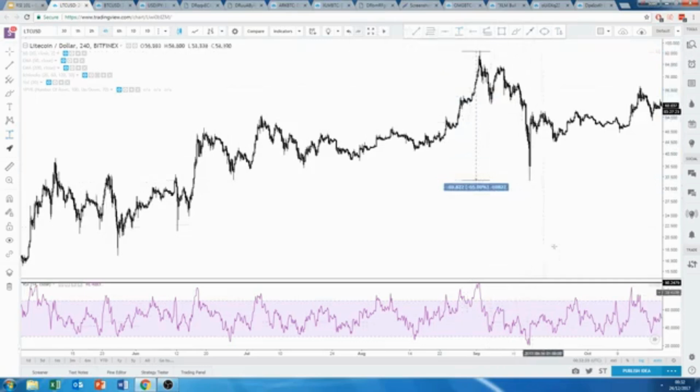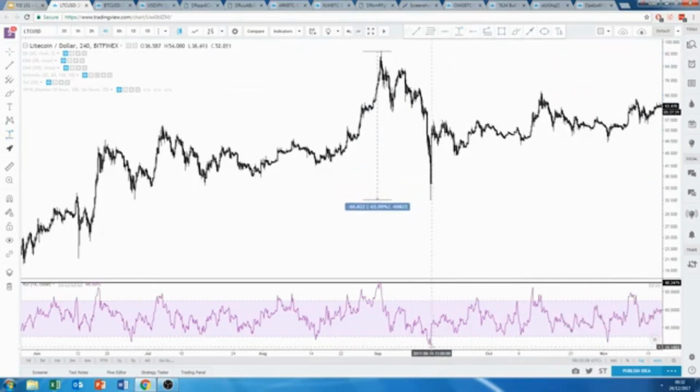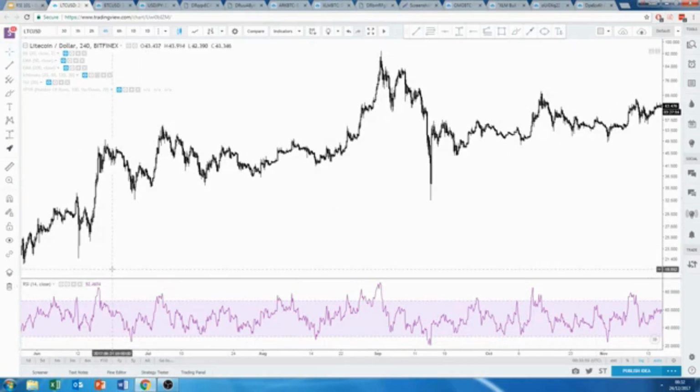Great, good for you, good for your profits. And then it keeps going, oversold, you ride it until here, overbought, you ride it down until maybe here, depending on how strict you are with these levels. And then you go long again, then you go short until here, etc. So if you were to use RSI in the simplest possible way, that is how you would do it.